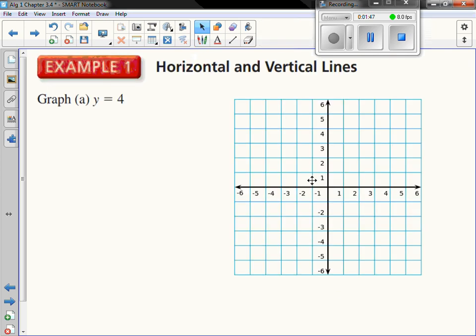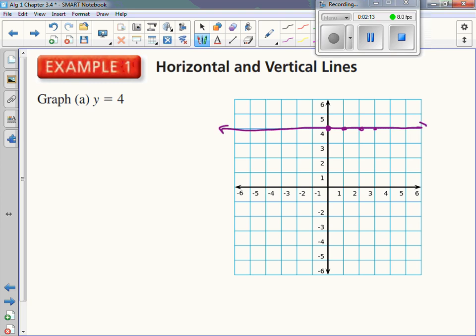So when we look at this first one here, we have y equals 4. It's going to be a straight line going either horizontal or vertical. Now, y is what? Is it horizontal or vertical? It's horizontal. Because at this point here, this is where y is 4. All of these points along this line here are where y has a value of 4.